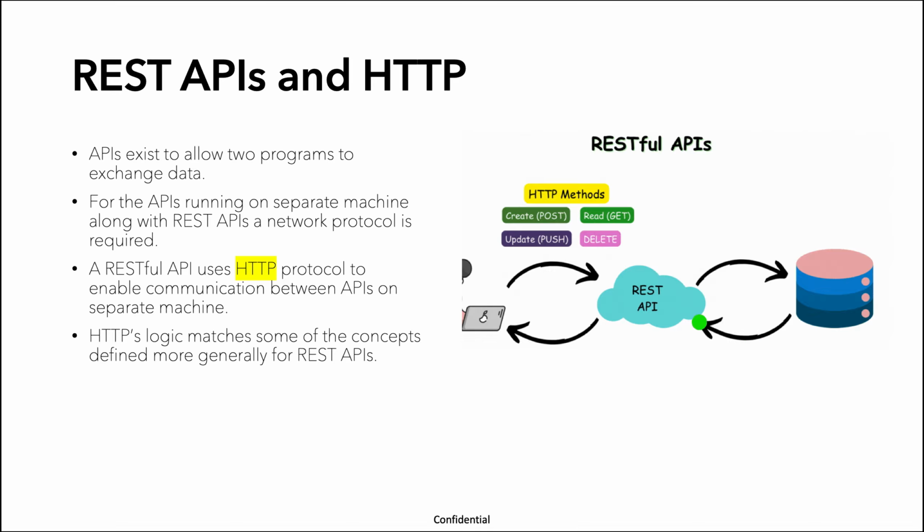HTTP aligns well with the attributes of REST, such as it operates with a client-server model. It uses a stateless operation model. It includes a header that clearly marks an object as cacheable or not cacheable. It includes verbs, or methods, you can say, that dictate the desired actions.